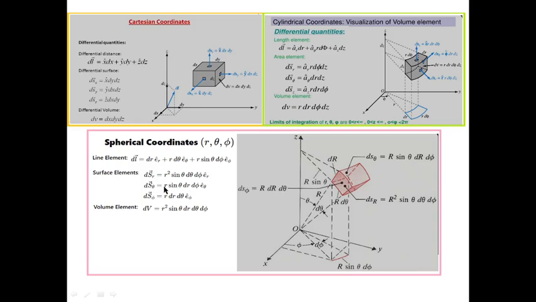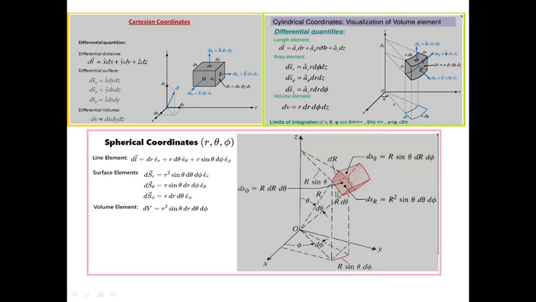Another surface is along the phi direction. This arm is r d theta and this side is dr. So it will be dr into r d theta along phi hat, again plus minus. The 6 surfaces are now covered.